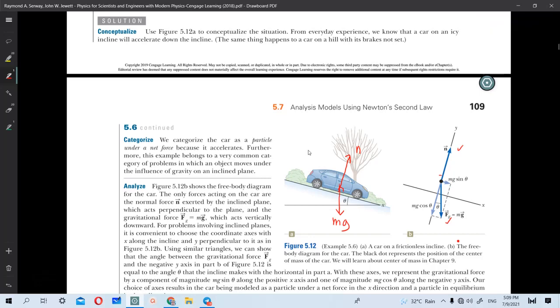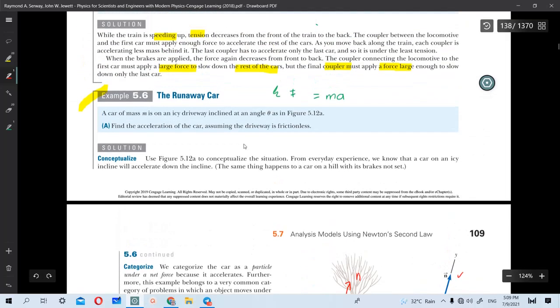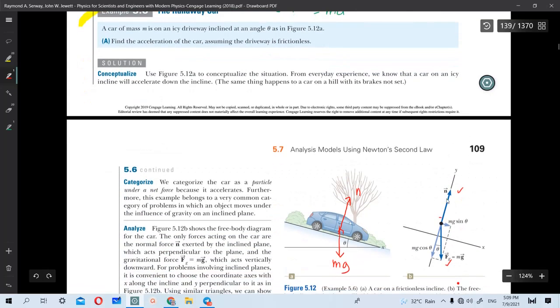Now, our task, in order to simplify and get the acceleration, is to start with common sense. In which direction is the motion? The motion will occur along the driveway, and that will be along the x-axis.